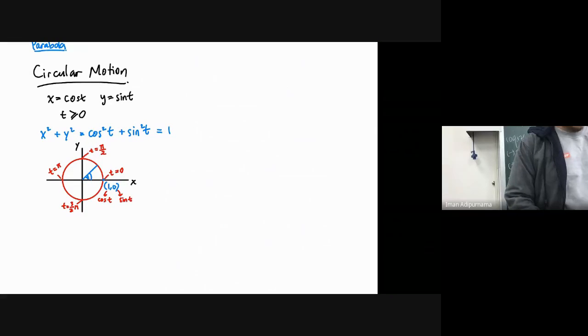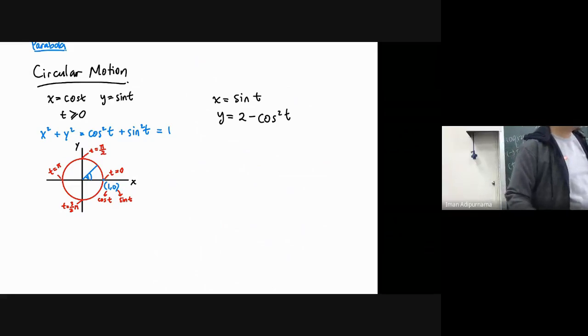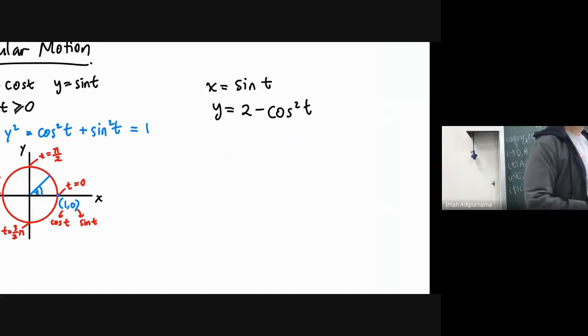Another example, if you have x is sine t, and y is 2 minus cos squared t. So now we are here.